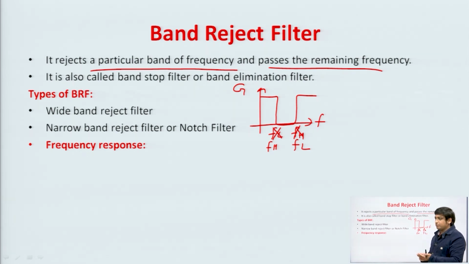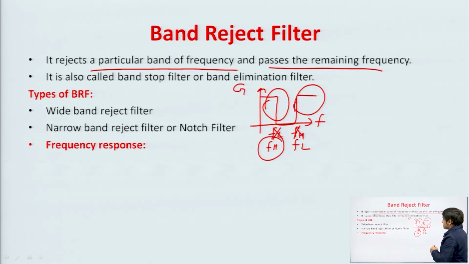Now, the reason why I have taken this FH first and FL later, just not to get confused: this FH is the cutoff frequency of the low pass filter, we have already mentioned that, and FL is the cutoff frequency of the high pass filter, and this portion represents the frequency response of the low pass, and this portion represents the frequency response of the high pass. That is why in this case we have mentioned FH this one and FL this one.